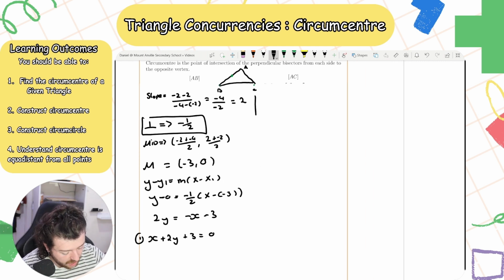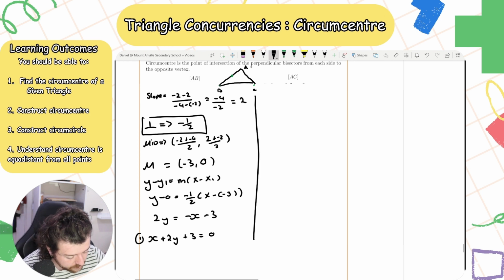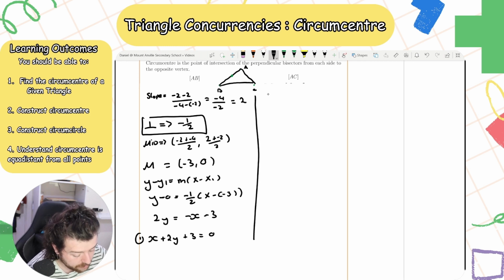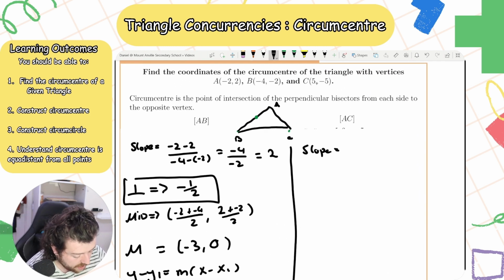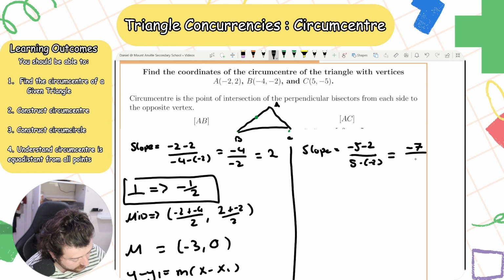Let's look at my next one. I'm just going to choose the side AC. So for AC, I need my midpoint and then I need to find my perpendicular slope. My slope is going to be equal to, so with x1, y1, x2, y2, -5 minus 2 all over 5 minus negative 2, which is -7 on top.